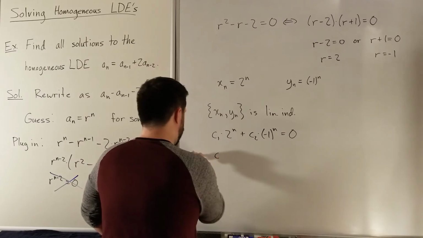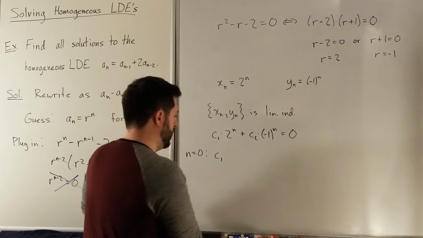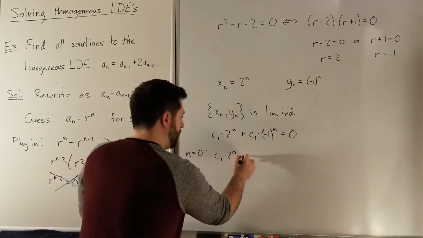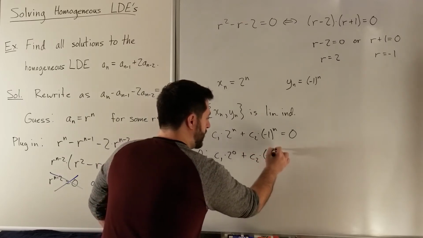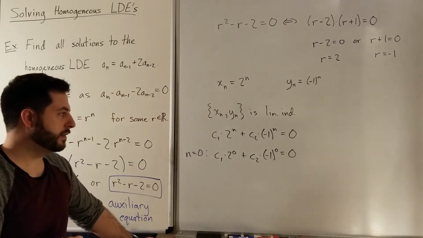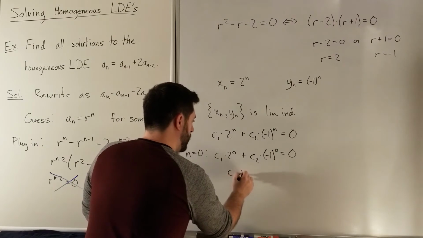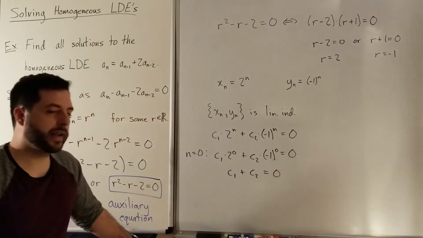That's the idea. So I can just plug in some values of n and see what I get out. I'm going to plug in n equals 0 first. And this says that C1 times 2 to the 0 plus C2 times negative 1 to the 0 is equal to 0. Let's just rewrite this. This is saying that C1 plus C2 equals 0. So they add together to be 0.